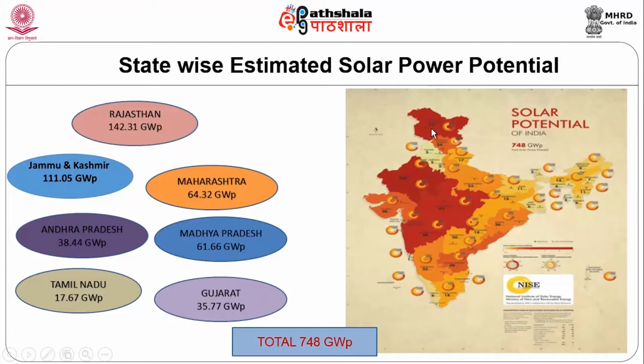Followed by Rajasthan, which has very good potential, Madhya Pradesh and Maharashtra have very high potentials of solar radiation, followed by Gujarat and other parts of the country.